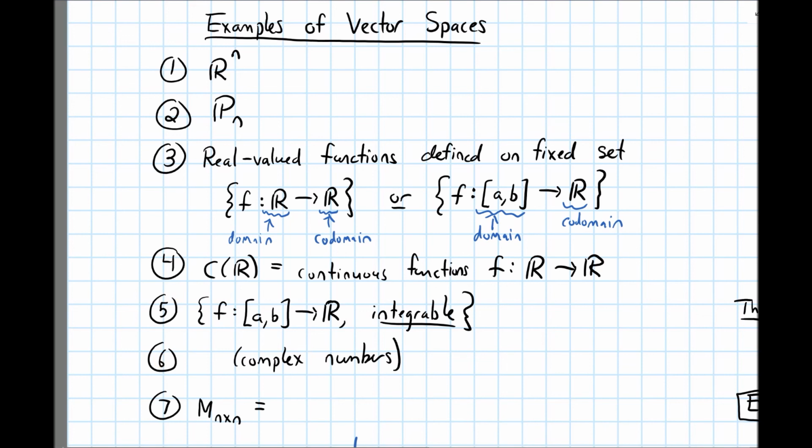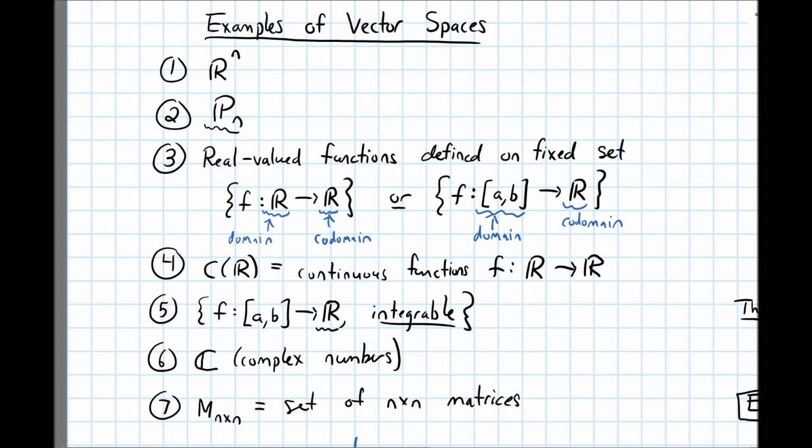The set of complex numbers form a vector space. And just in case you're curious, the symbol for complex numbers is I write a C, and then I put this extra vertical line here. It's similar to my notation for the reals, where I put this extra line, or for the polynomials of degree at most n. Another one we'll see is if we write capital M and then subscript n by n, this is the set of n by n matrices.